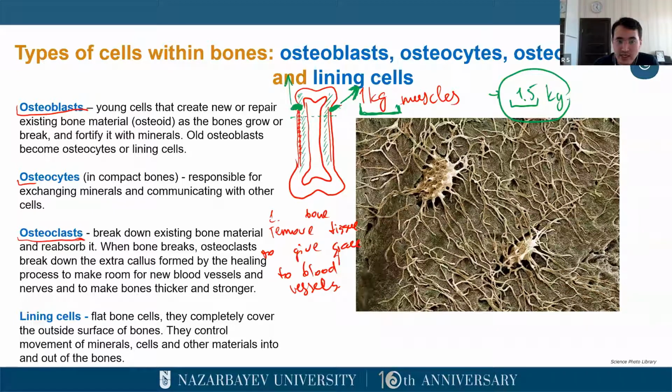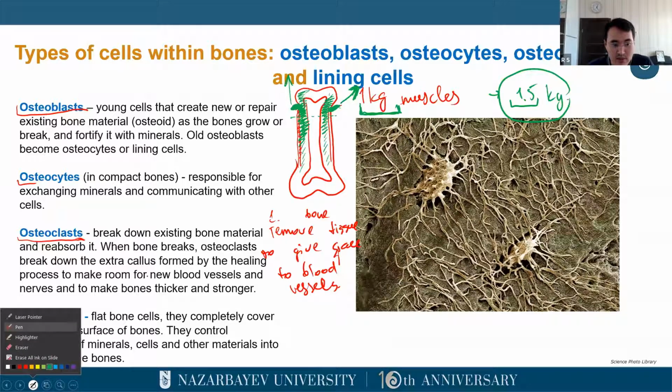That's why it really needs to remove some part of it and recreate it with much more bone than it was before. So in this case, we remove it, and osteoblasts will recreate it in a way that it responds to the needs of the organism.